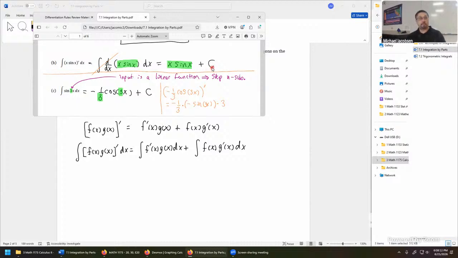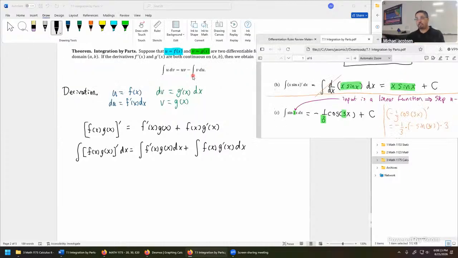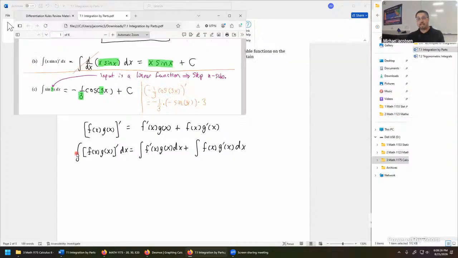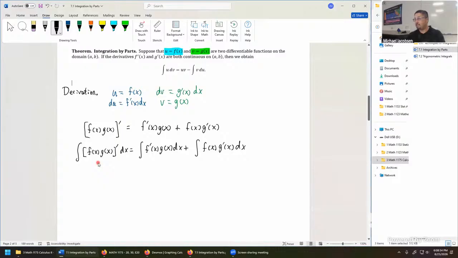We're going to not put down that constant c this time, because in integration by parts, the tradition is to put down the constant of integration once you solve this last integral here. So we'll leave that constant off and just write in the integral sign here and the differentiation operator here cancel, and you just get f of x times g of x on the left-hand side.